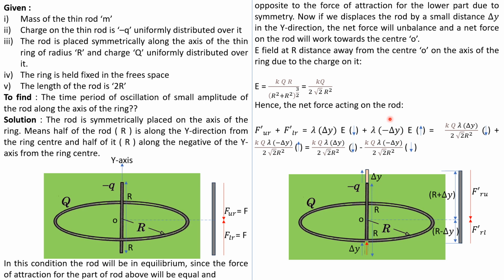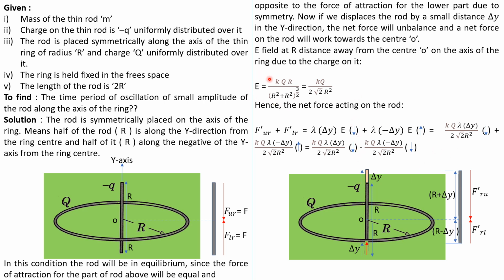So the charge reduced from below is lambda times minus delta y, times E. This will be the force on the lower part of the rod. But this being negative, it will be working in this direction towards O, upward. This sign is for the upward direction, and this one is for the downward direction.